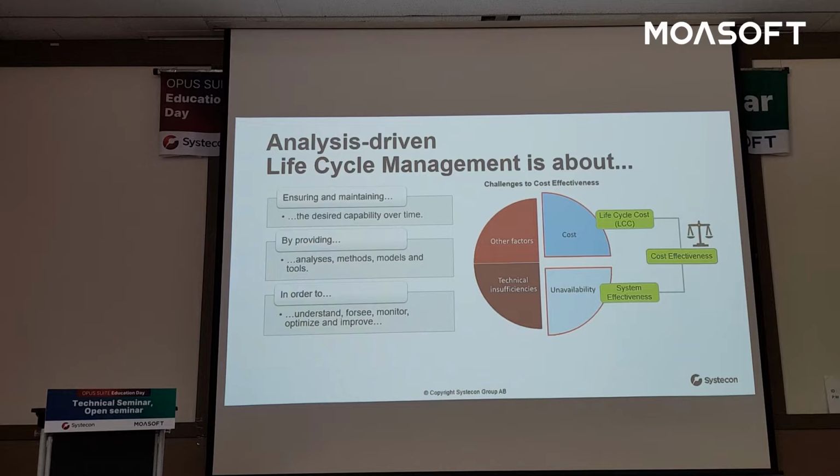And of course, there are a lot of things that will influence the outcome in the end. But what we ultimately want to do is to make sure that we can control and understand the balance between the cost and the effectiveness of our systems. And that's the cost effectiveness.